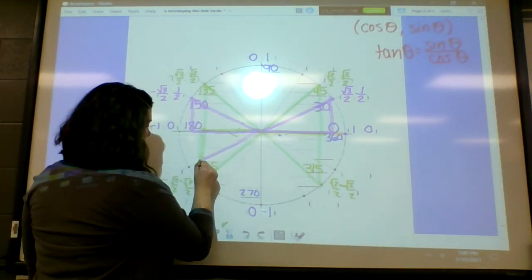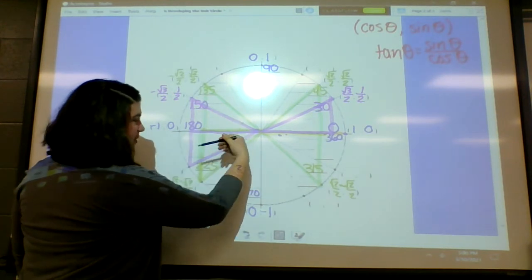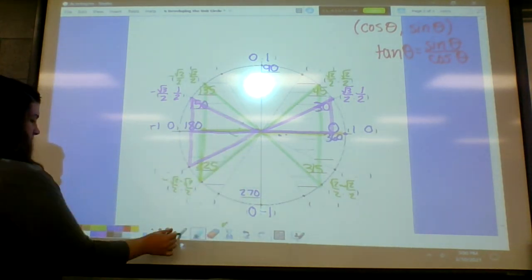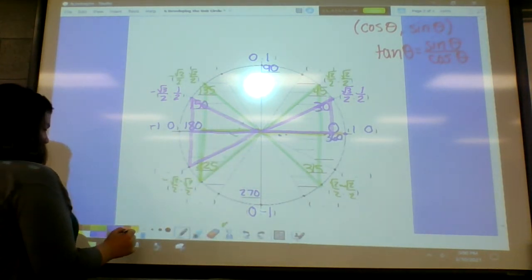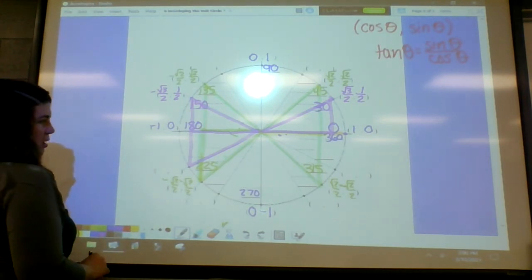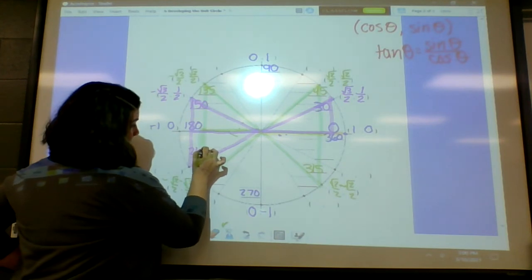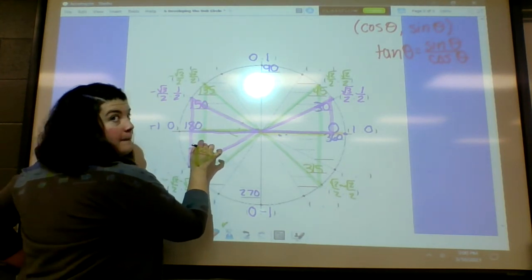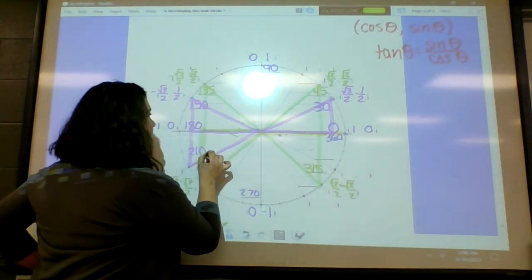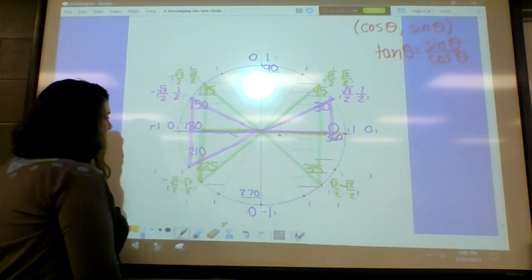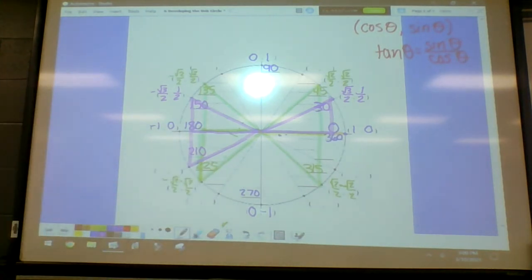That is this one right here. Going down, flipped over. So angle measure there. The change? 210. Yeah, 180 plus 30, right?